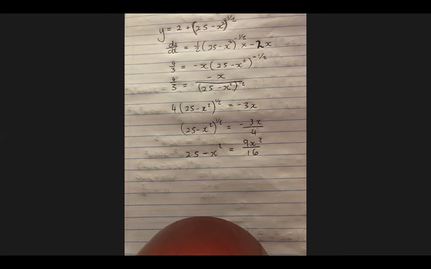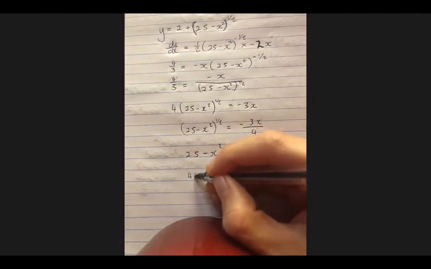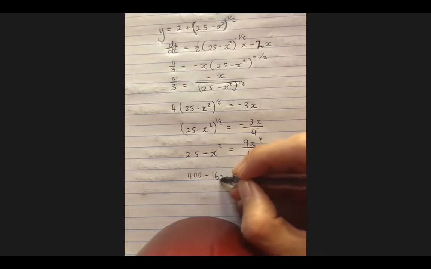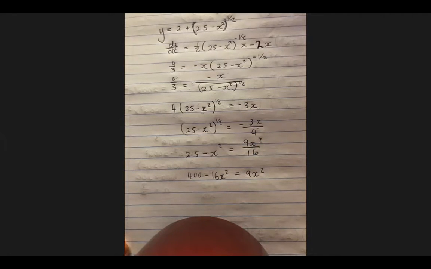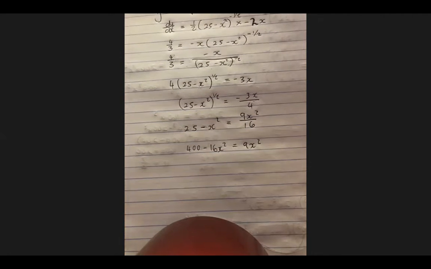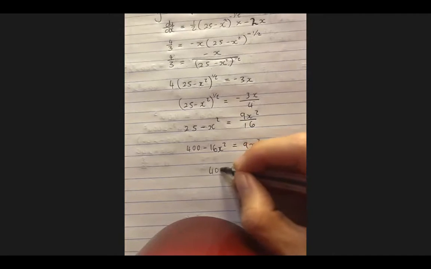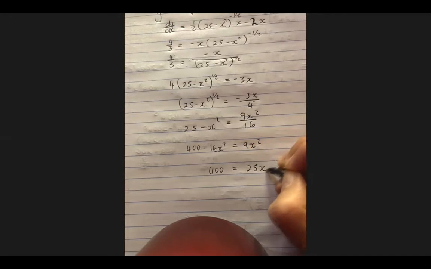Okay, and then I'm just going to quickly solve this. So times everything by 16, 25 times 16, I should probably know that, that's 400, minus 16x squared equals 9x squared. And then when I try and solve this, I get 425x squared.